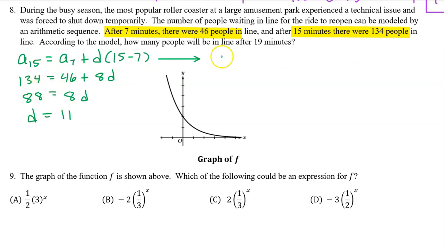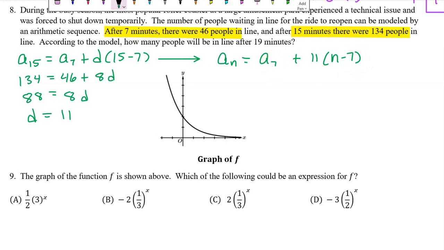Now I can write the rule for the nth term. So An is going to equal A7, I'm going to erase this in a second, plus the common difference of 11 times n minus 7. However, the A7 is 46. So there's my equation. I need to find how many people will be in line after 19 minutes.